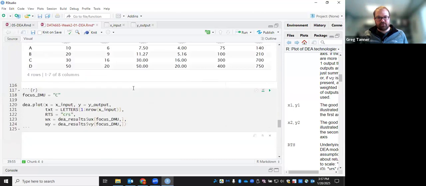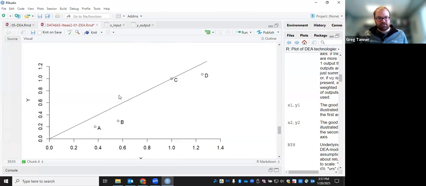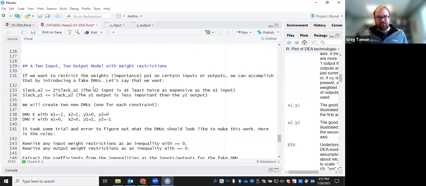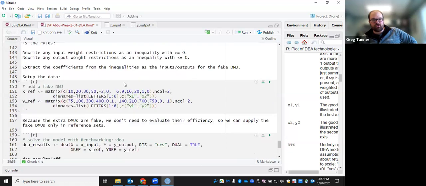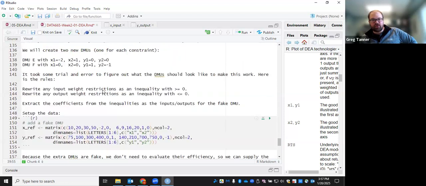Here's our reference and our pictures. Now let's look at that same 2 input, 2 output model with weight restrictions. What we'll do is add fake DMUs to each of those. I'm realizing my notes here are not matching up with what I just gave as an example, so let me pause a second to fix those.